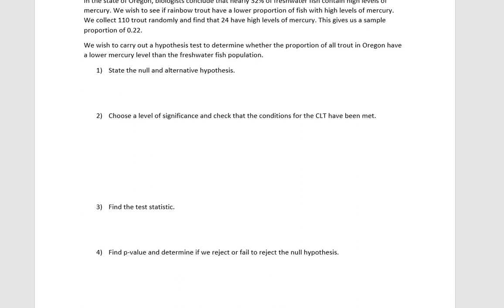So we wish to carry out a hypothesis test to determine whether the proportion of all trout in Oregon with high mercury levels is lower than the freshwater fish population. So our null hypothesis is that trout are the same as all other fish. Our alternative is that we think that they have a lower proportion with high levels of mercury.